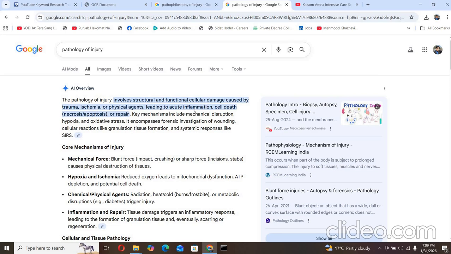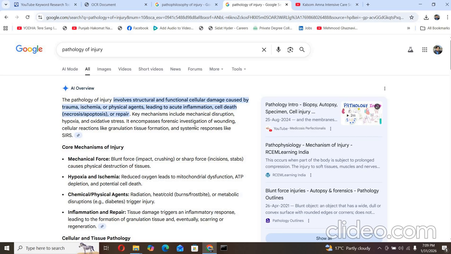Injury involves structural and functional cellular damage caused by trauma, ischemia, or physical agents, leading to acute inflammation, cell death, necrosis, apoptosis, or repair. Key mechanisms include mechanical disruption, hypoxia, and oxidative stress.